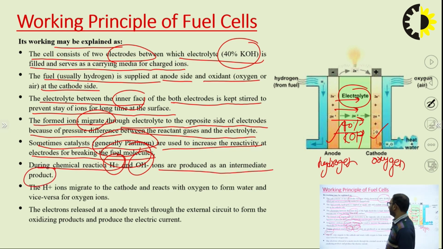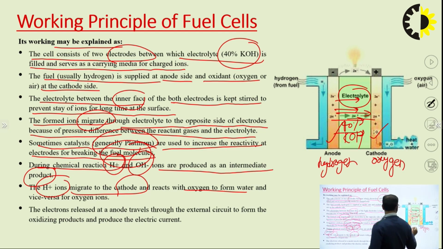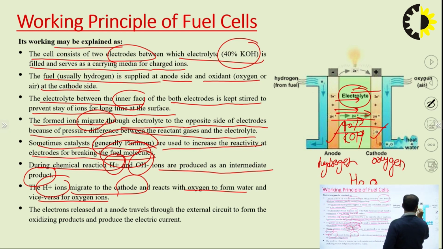So the H plus ion migrates to the cathode region and reacts with oxygen to form water, H2O, and vice versa for the oxygen ion, which moves from the cathode to the anode side.